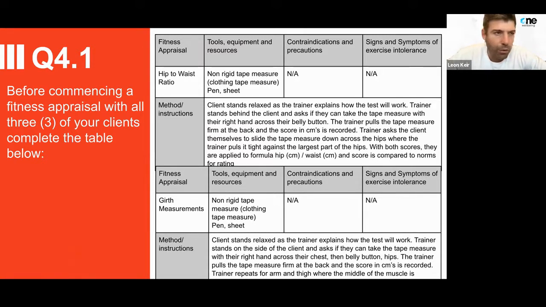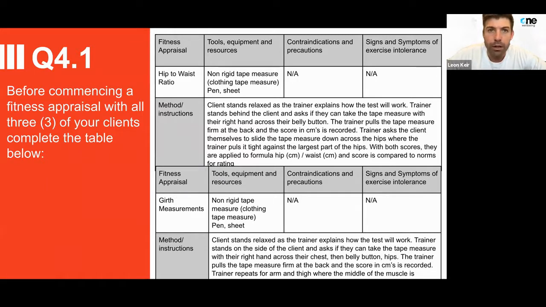Girth measurements are really good because sometimes when you're training clients, the scales aren't always the be all and end all when we're losing weight, and sometimes scales don't really show the true indication of a client achieving results, but girth measurements always do.